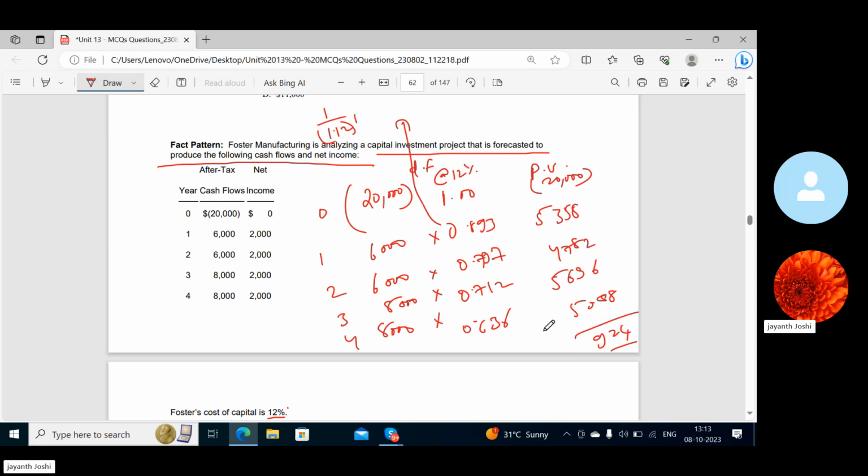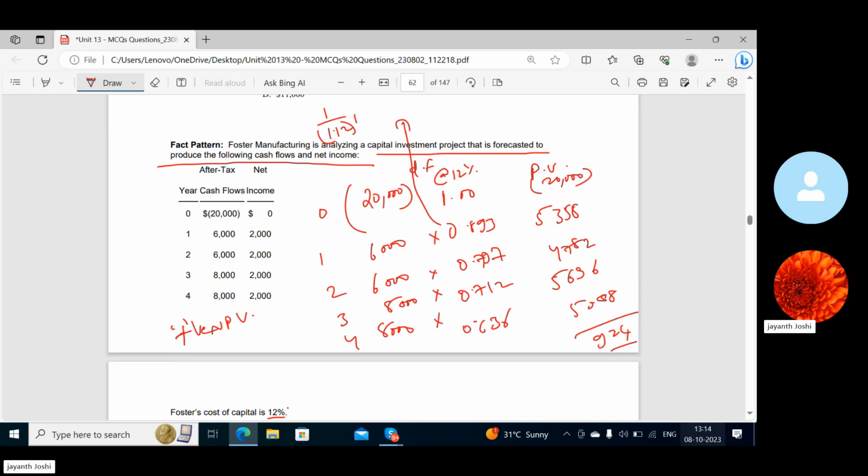So what are they asking? The internal rate of return. See, at 12% we are getting a positive NPV, right? So if you want to find the IRR, we can go for a trial and error method.